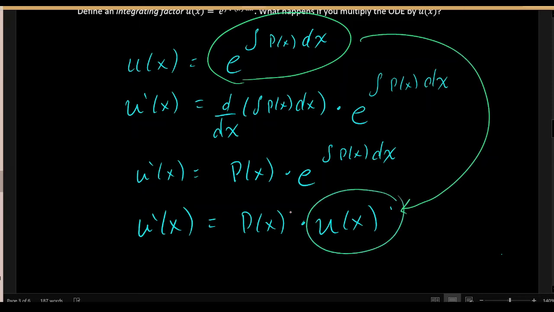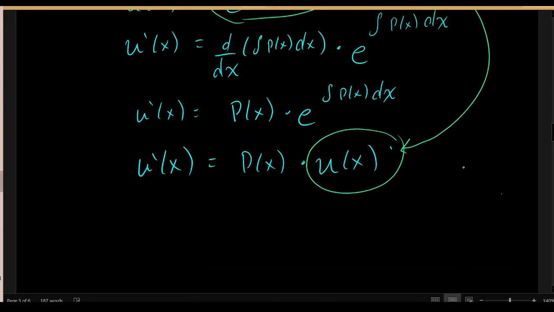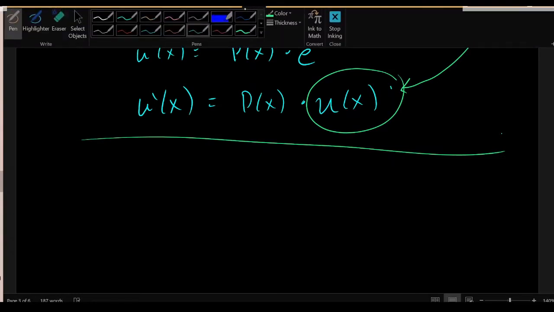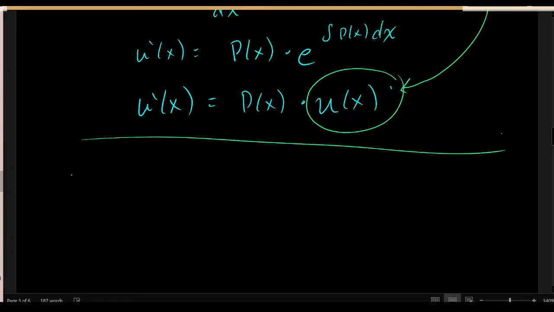Okay, interesting. So now what we're going to do is consider the derivative not of just u, but the derivative of the product u times our solution y. What happens if we take the derivative of this product?